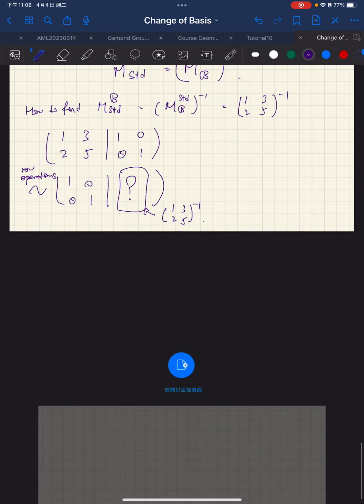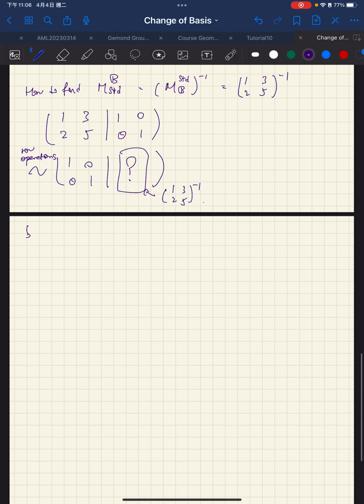So now we're going into a third chapter, which is called a B matrix. To talk about B matrix, it's easiest to think of an example.